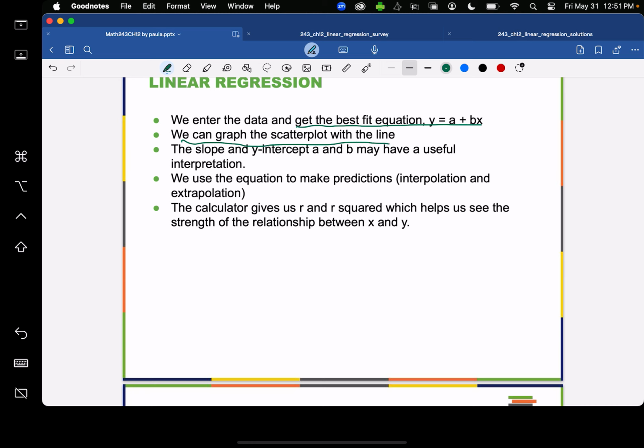Then we can interpret the A value and the B value in the equation. We use the equation to make predictions. I'll have you make some predictions using that equation. And then the calculator will give us our R and R squared, and that will help us to see whether it's a weak or a strong relationship between X and Y.